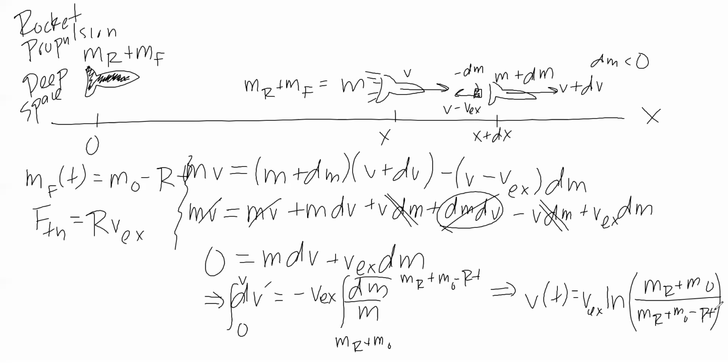And so we get an expression for the velocity as a function of time. The book only goes so far as to give a velocity as a function of mass, but you can see that we just added in the mass as a function of time to get this result.